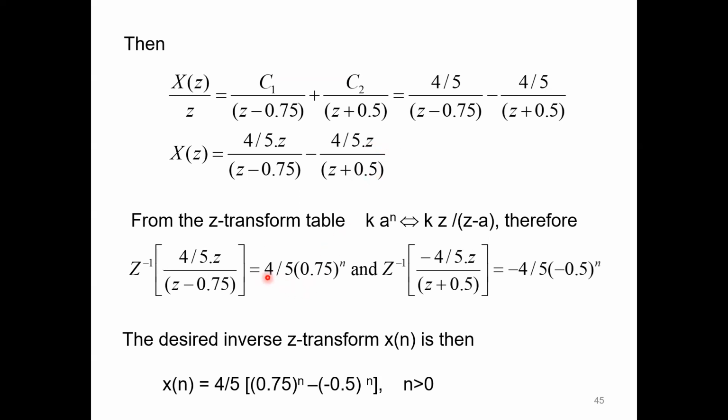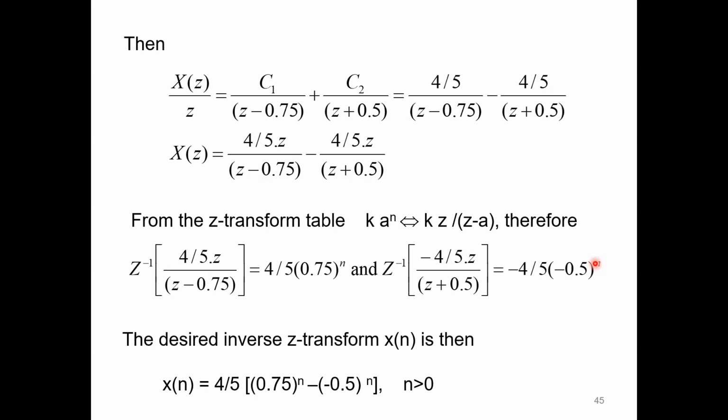So as it is given here, the first term is 4/5 times 0.75 to the n. And the second term is negative 4/5 and negative 0.5 to the n.